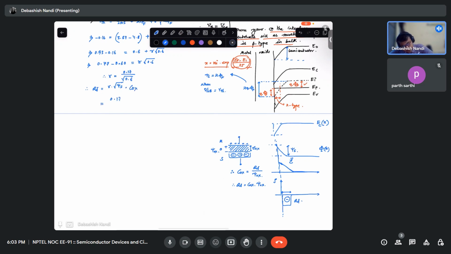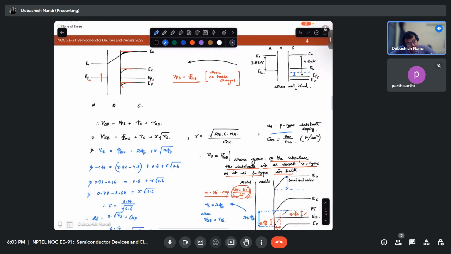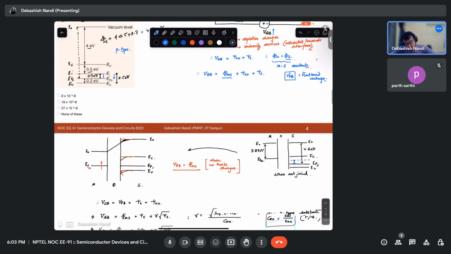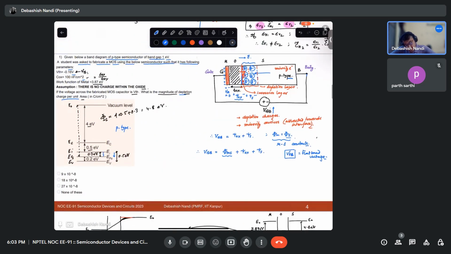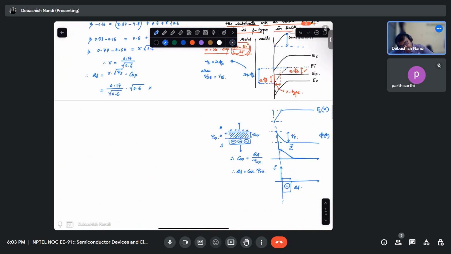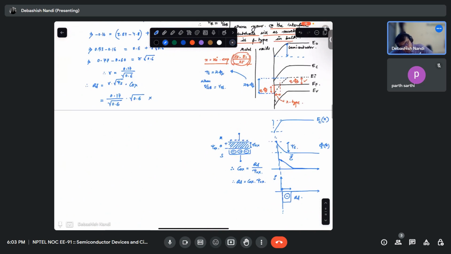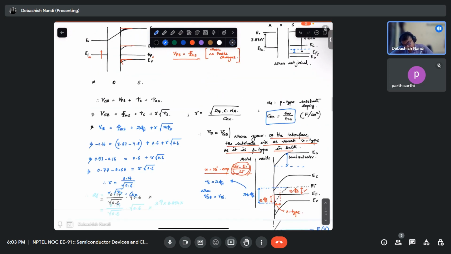that is your 0.17 over root over 0.6 times root over 0.6 into what is your Cox? Cox, we have seen that it is epsilon ox over Tox. What is my epsilon ox? It would be 3.9 times 8.854, or is it given already?